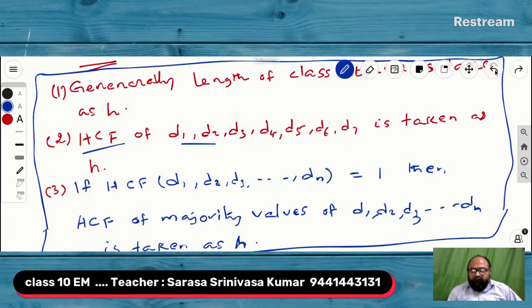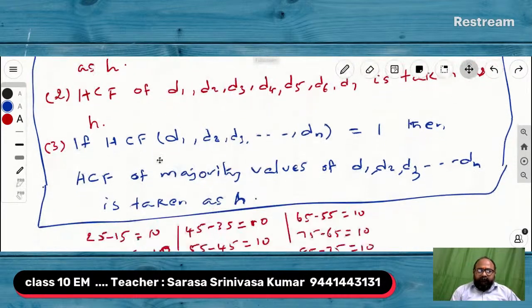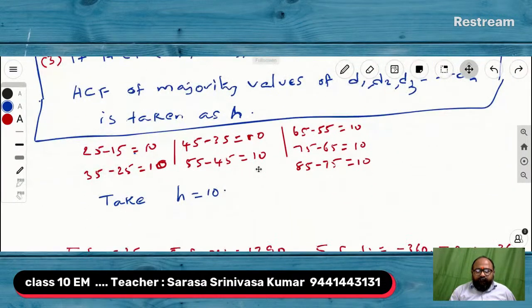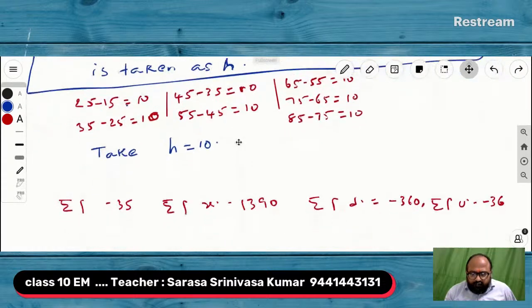Even if the HCF of all the deviations is 1, then the highest common factor of the majority of the deviations d1, d2, d3 and so on up to dn is taken as h. Now in this problem, the size of the class interval is taken as h. Here h is equal to 10.